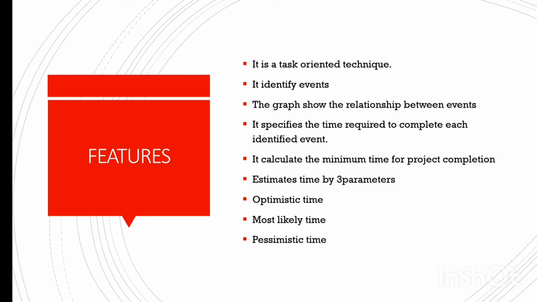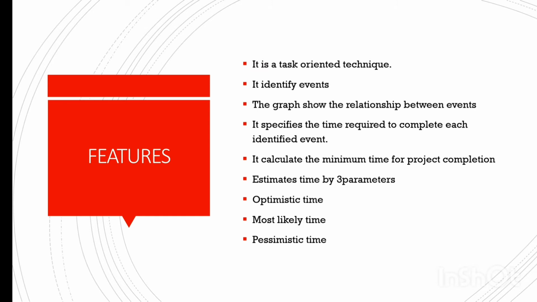It is a graphical representation that shows the relationship between the various events. It specifies the time required to complete each identified event. This graph shows the duration of each event and how it is connected. Then it calculates the minimum time for project completion.